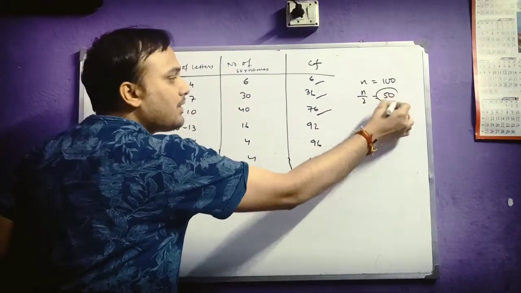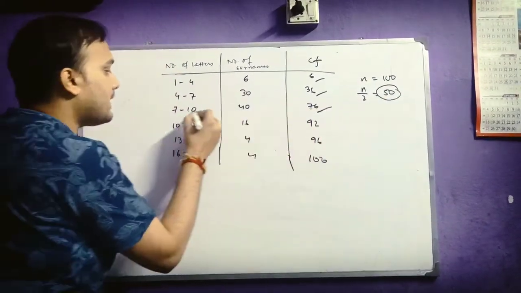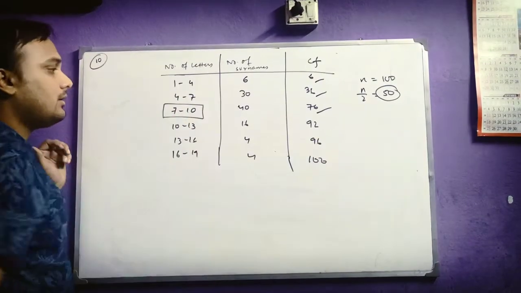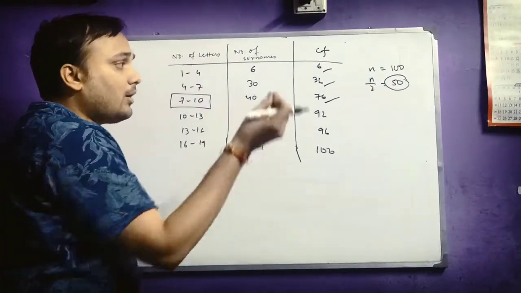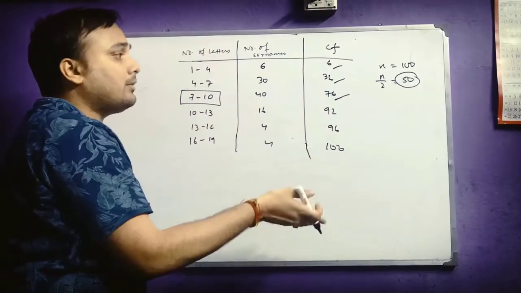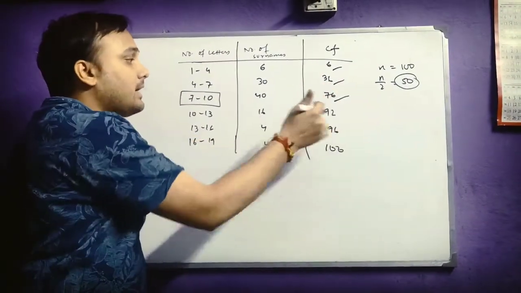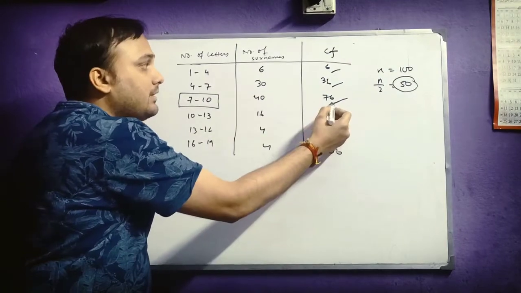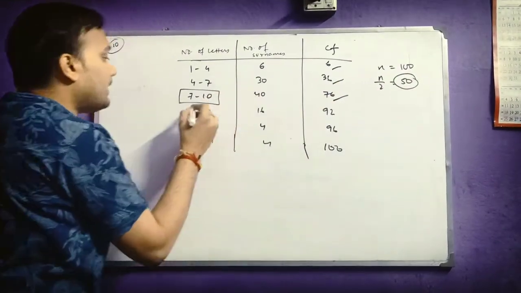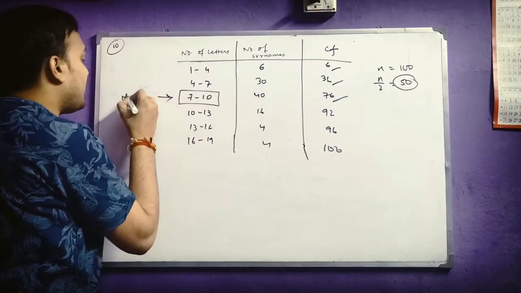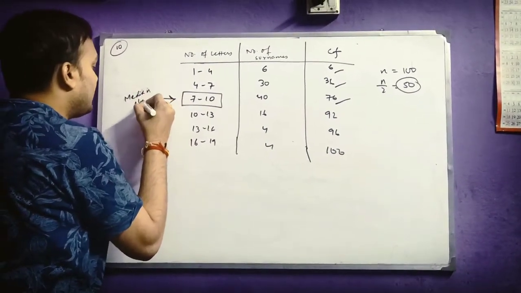So definitely this 50th observation is lying in the class interval 7 to 10. This 50 is the center of all the data, and it is lying in this class interval, because 76 is the CF within which this 50 lies. So here we get the median class.